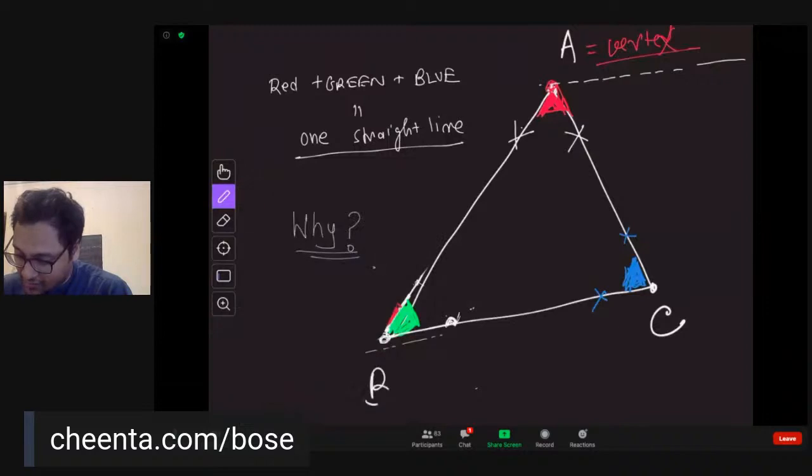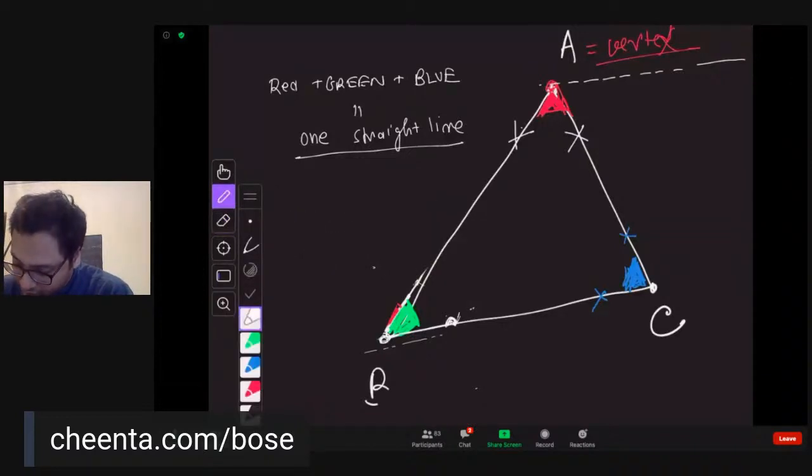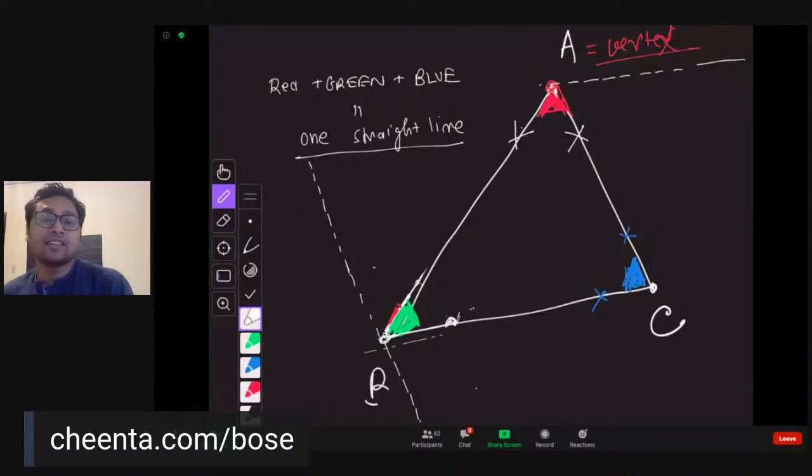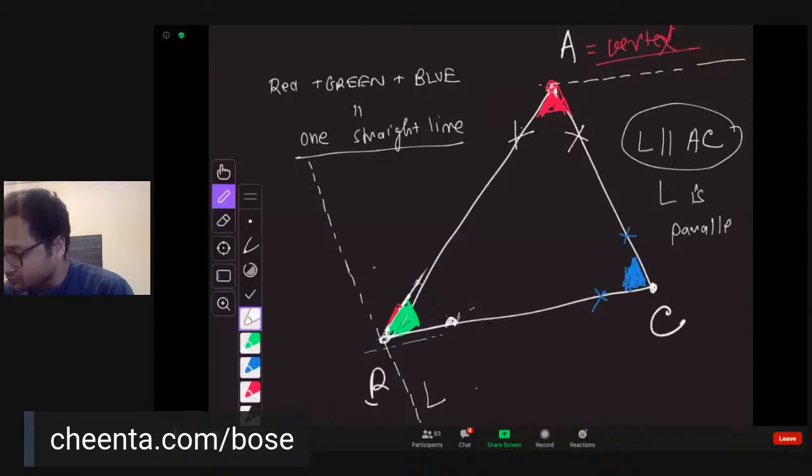Let's draw a line. Maybe I can erase this, trim a little bit. So I've drawn a line that is parallel to AC. Let's call this line L. L is parallel to AC.